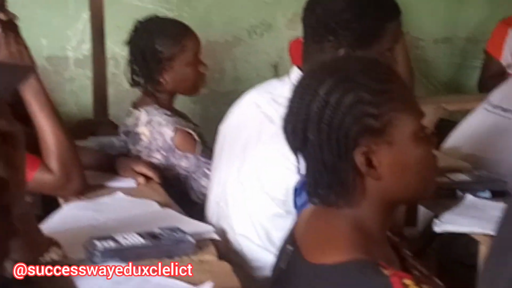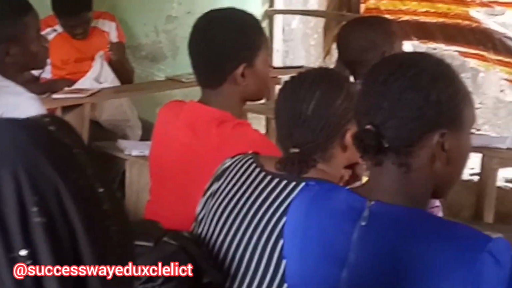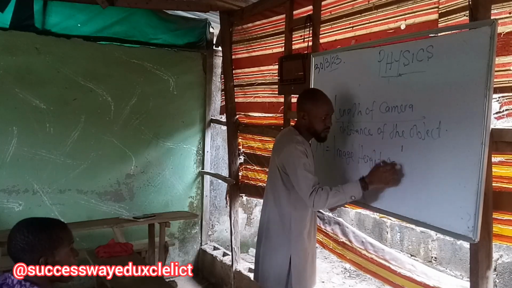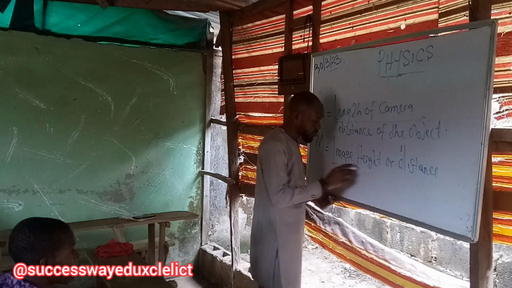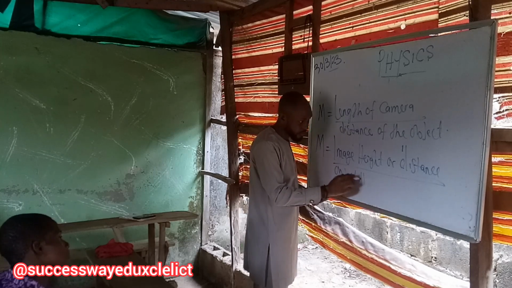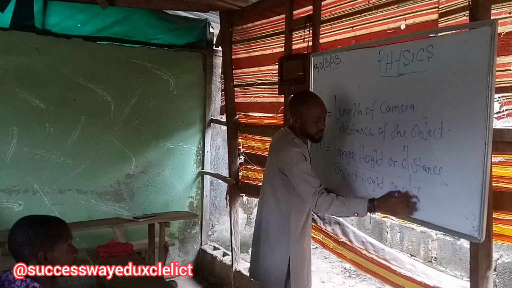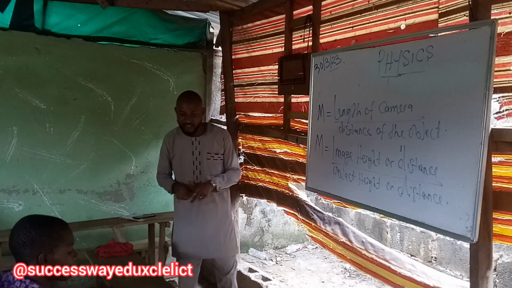The second one for magnification, we call it either the image height or the image distance to the object height or the object distance. We have these 2 here for magnification.